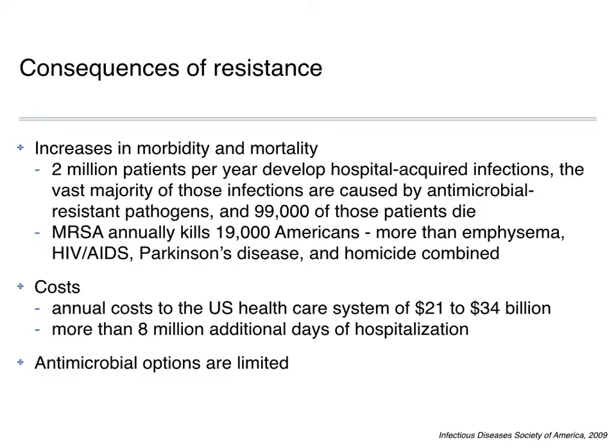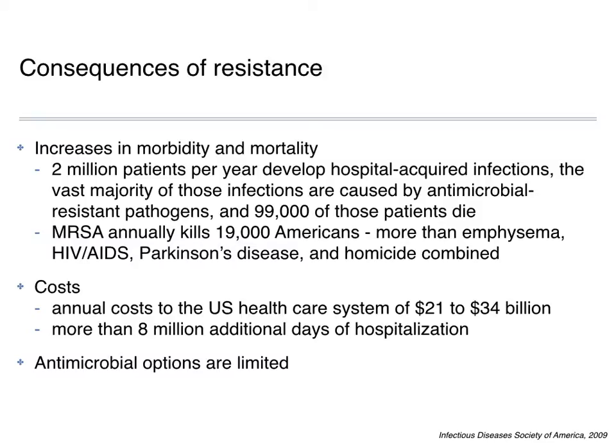Also costs. Consider a patient who maybe you could treat on an outpatient basis, but because their infection is caused by a resistant pathogen, you can't, and you have to admit them to the hospital. Being in a hospital is certainly very expensive, and so that adds to costs. Also, if you get into the hospital and you still have that resistant pathogen, you may end up in the ICU, which is even more expensive. There are also the costs of constantly changing therapies, and the drug costs of using drugs that don't work and having to constantly switch.